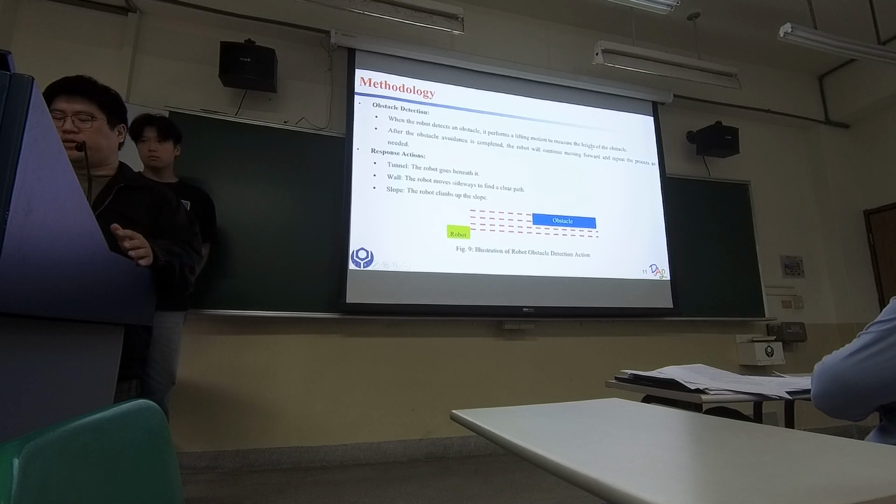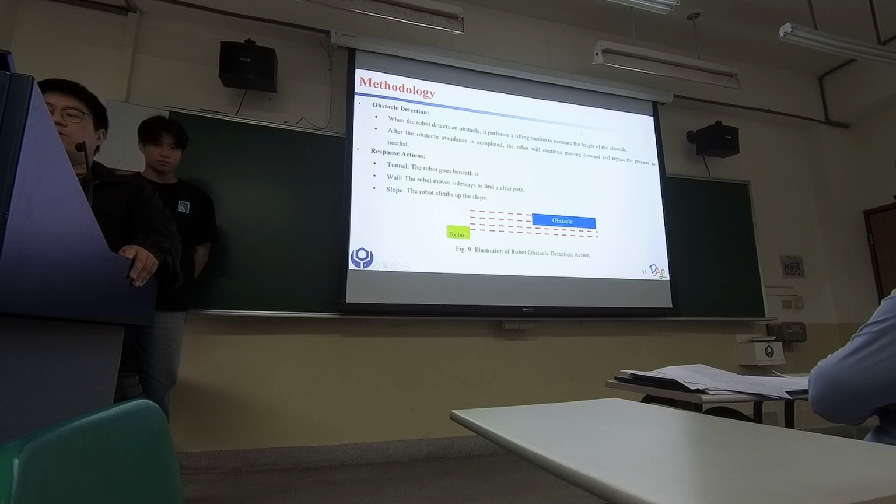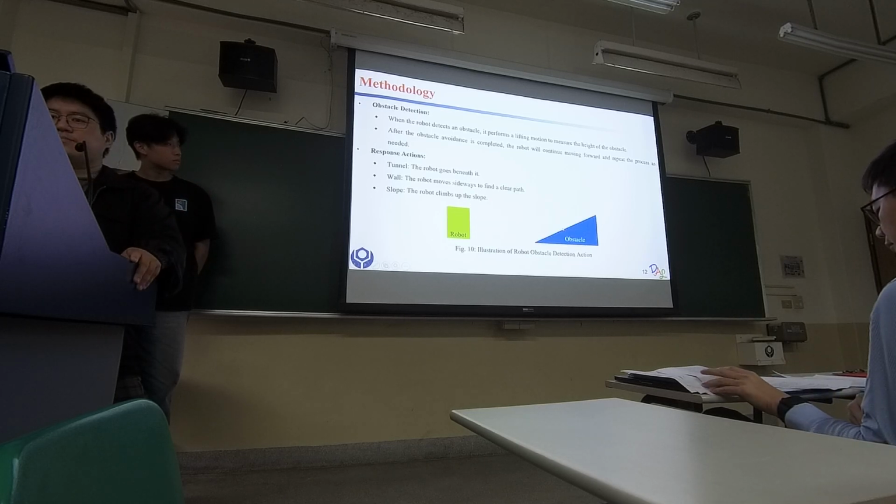The first scenario involves a low tunnel that the robot can pass beneath. The robot identifies the tunnel when it detects the obstacle suddenly disappear. So it will detect the obstacle first and then no obstacle, so you will know it's a tunnel.